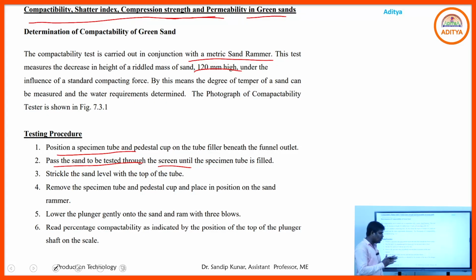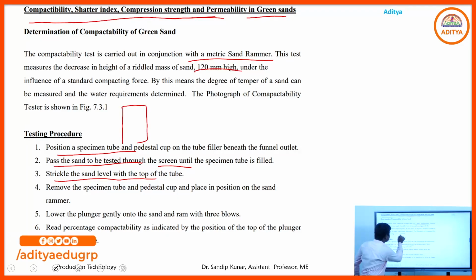Then strike off the sand level with the top of the tube. After filling the tube, we level it using some extra part, so the sand is filled up to that level.